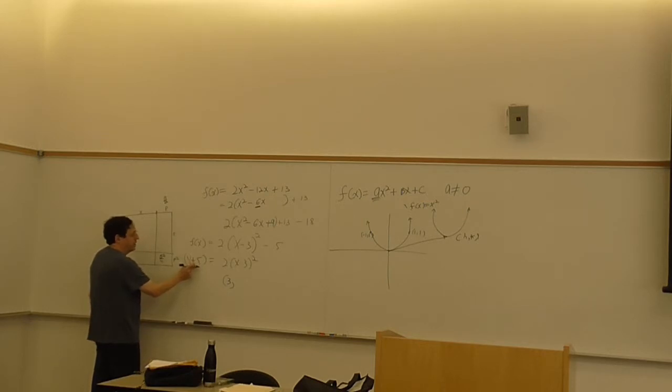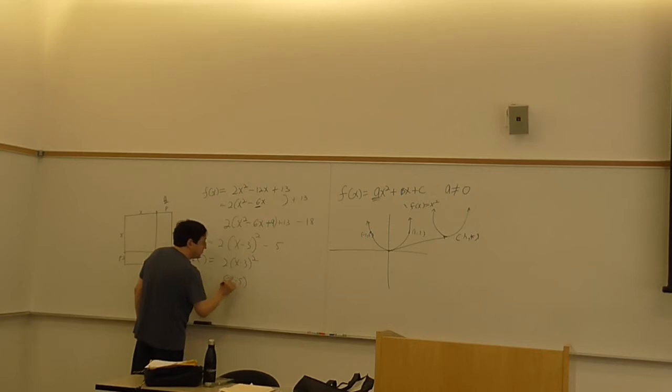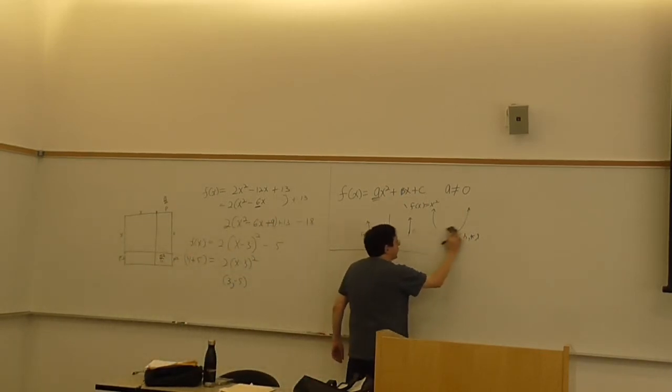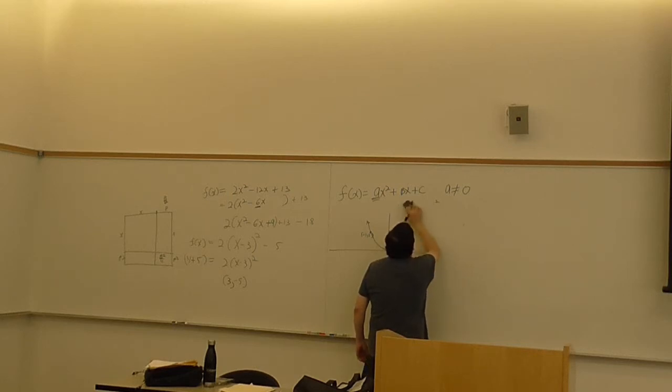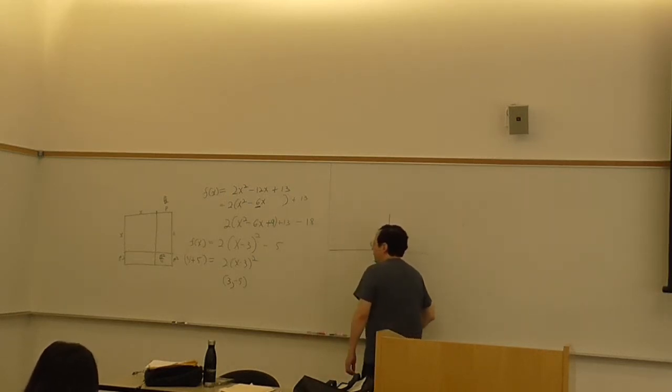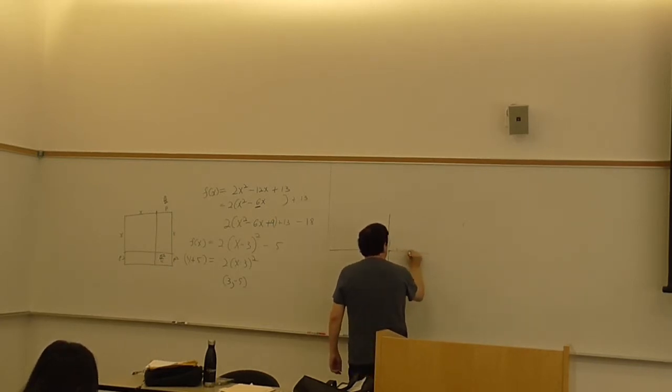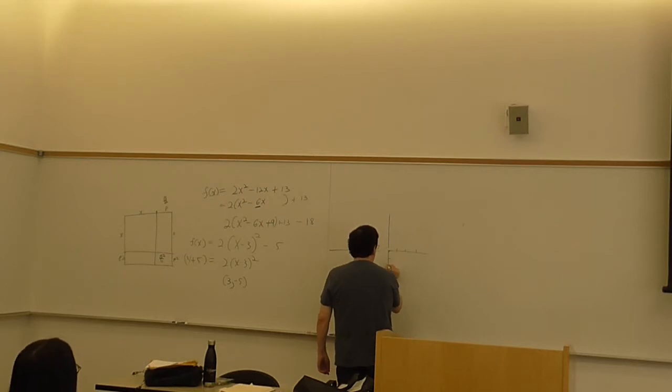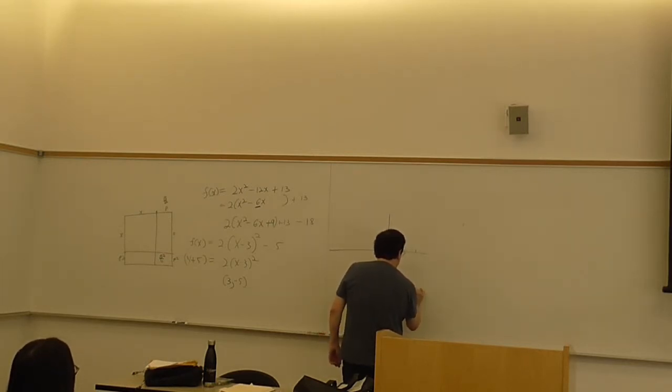But here, what do I plug in to make y 0? It's negative 5. So for this particular parabola, I want to go 1, 2, 3, and then down 5. 1, 2, 3, 4, 5. So now I have my vertex.